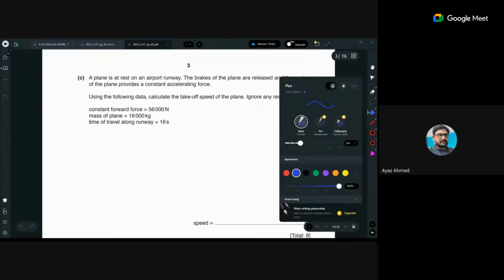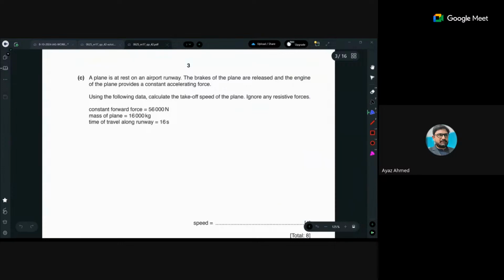Question kya hai: a plane is at rest on an airport runway, the brakes of the plane are released. ठीक है. रिलीज का मतलब ये होगा कि अब तू जा. So that is at rest, so u equals 0. The brakes are released and the engine of the plane provides a constant accelerating force. इसका मतलब ये हुआ कि that plane is accelerating.